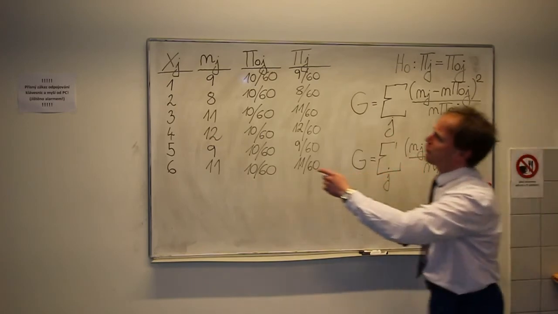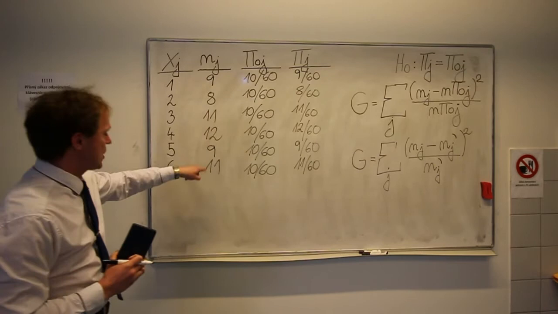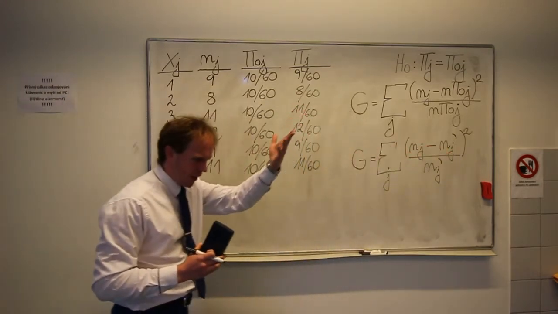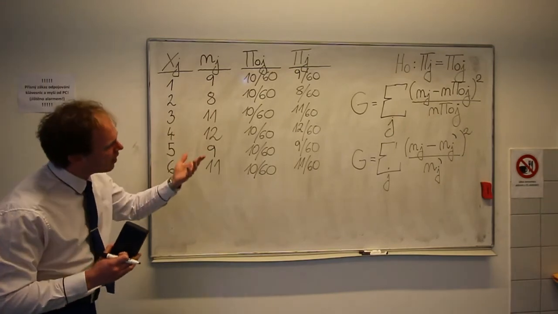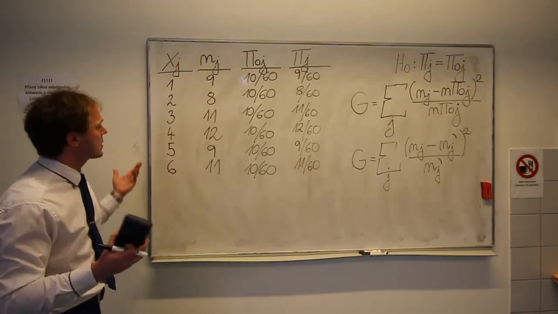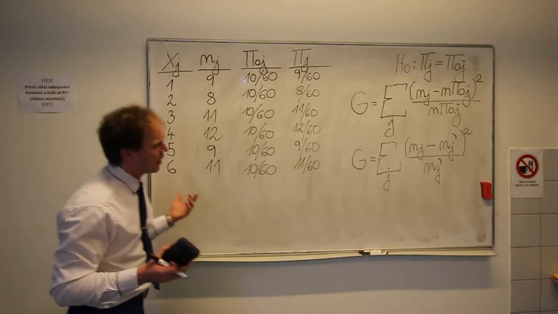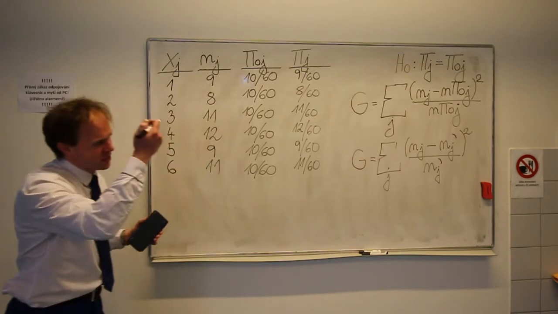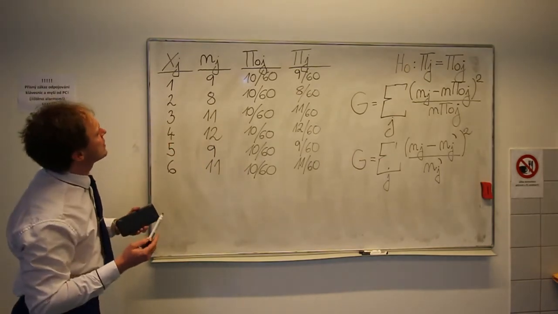Empirical absolute frequencies minus expected theoretical frequencies, which should be here in the case that the dice is alright, squared, divided by expected theoretical frequencies.